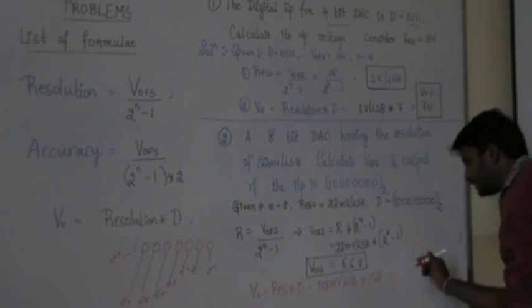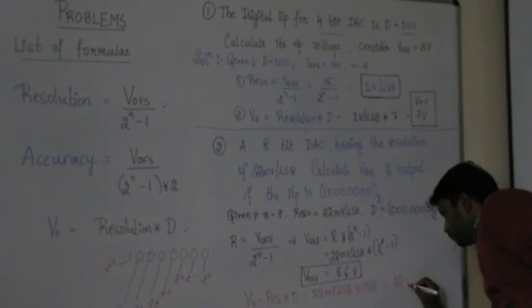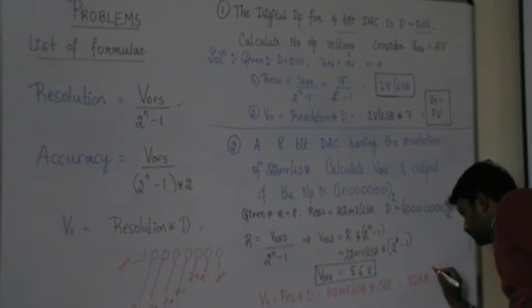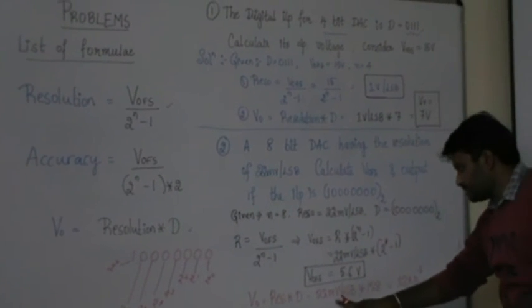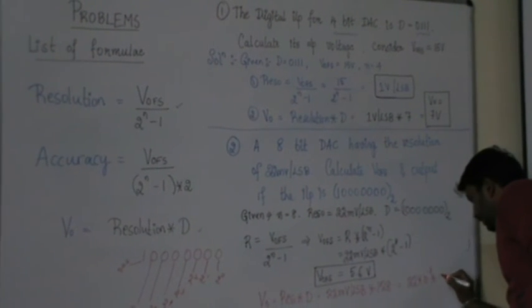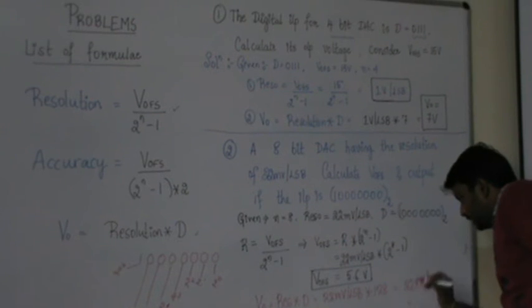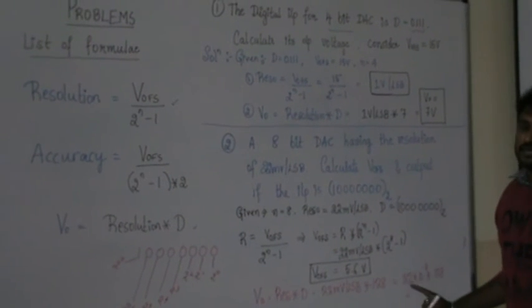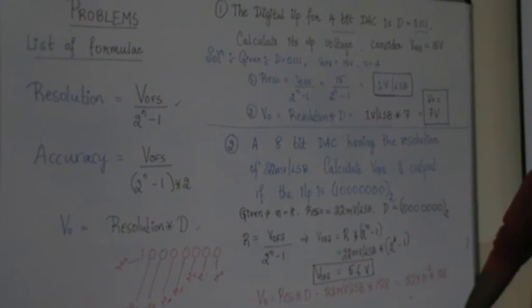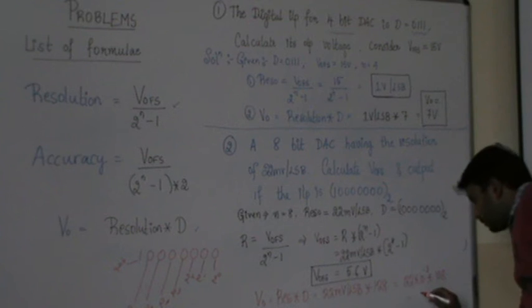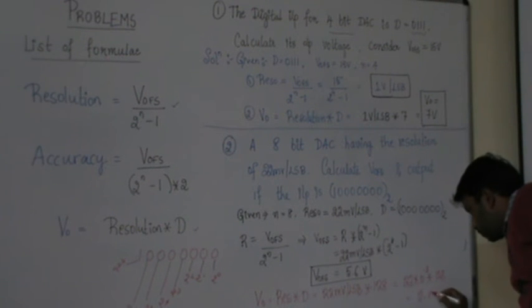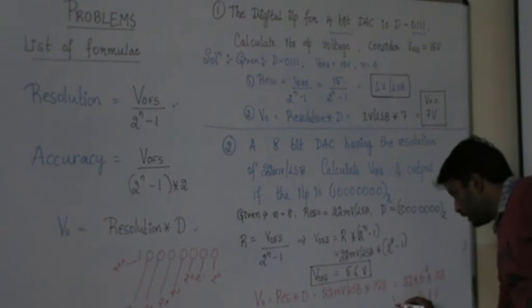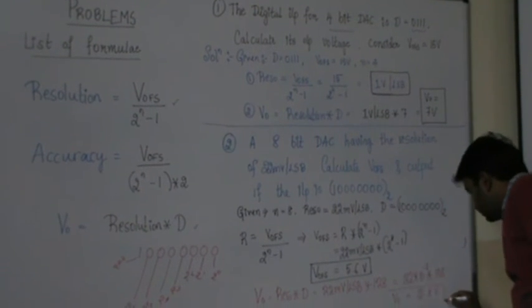You can also write it as 22 into 10 to the power of minus 3, since milli means 10 to the power of minus 3, into 128. Don't just copy the value that I am writing; you have to calculate and then write it. It is 2.8 volts.